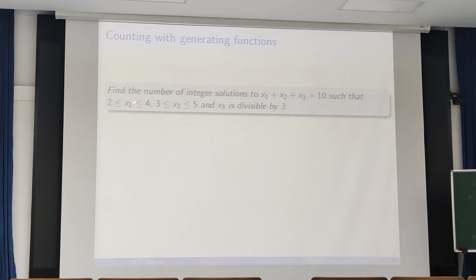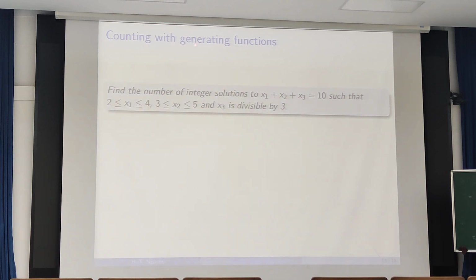In fact, here we demand that x1 must only take values from 2 to 4. x2 similarly must only take values from 3 to 5. And x3, even more complicated, we demand that x3 is a number divisible by 3. That is 0, 3, 6, 9, and so on. If you list all the possibilities, it will quickly become a mess.